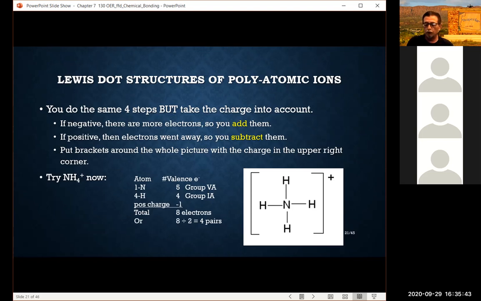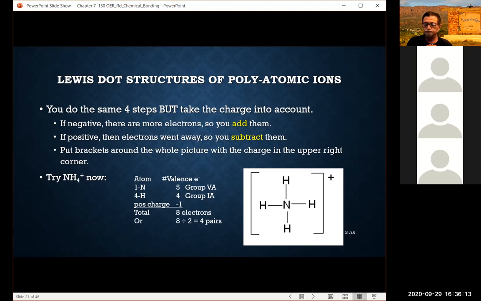Because if you tally up all the valence electrons and then correct for being a cation or an anion, you're always going to have the correct number of electrons at the end. Okay, if you have a polyatomic ion and you have too many electrons or not enough, then the error went in subtracting or adding for the charge.